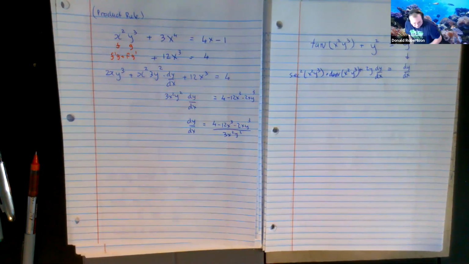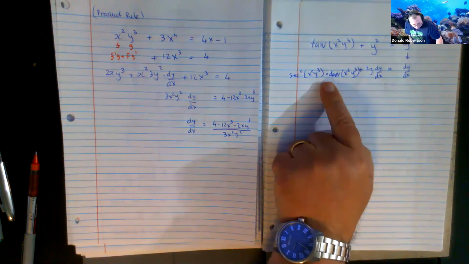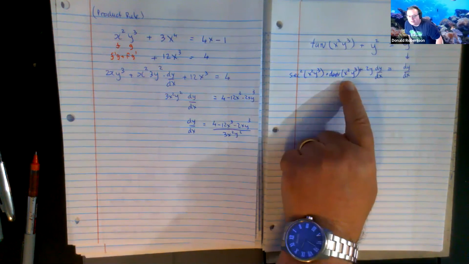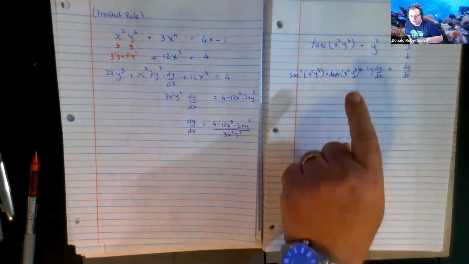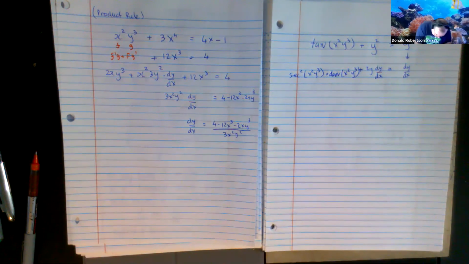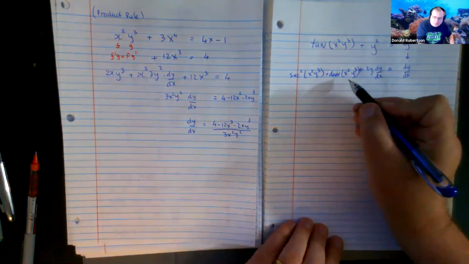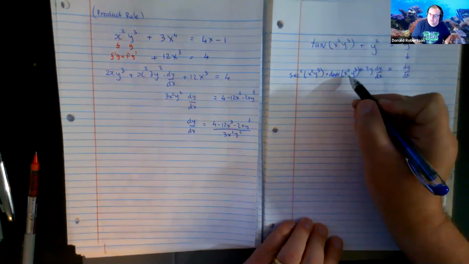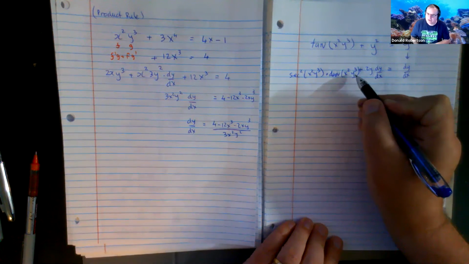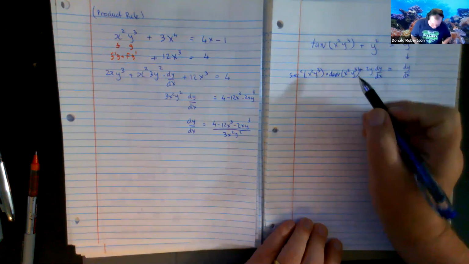And very often I write down what I'm going to do rather than do it, because it's too messy to try and do it all at once. Now, when I find the derivative of x squared y cubed, would you agree that that's going to be a product rule?